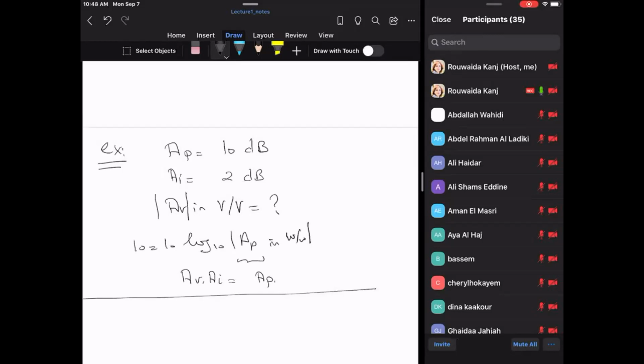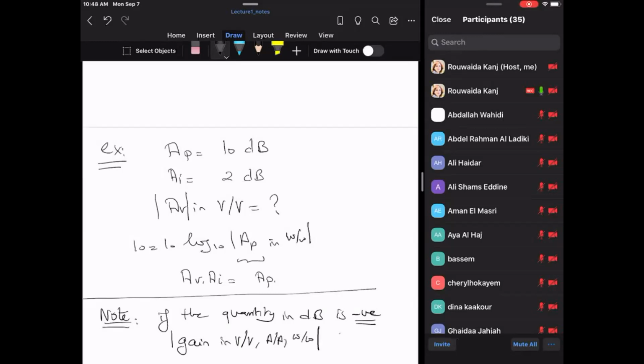Great. Now note, this is an important note, that if the quantity in dB is negative, then this means that the absolute value of the gain, in volts per volt, for example, or amps per amp, or watt per watt, is less than 1.